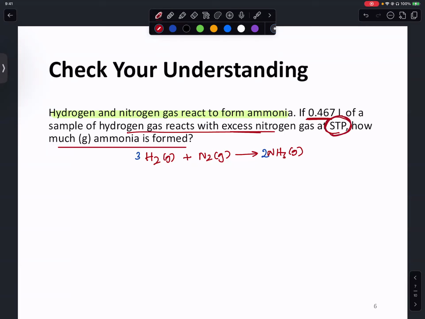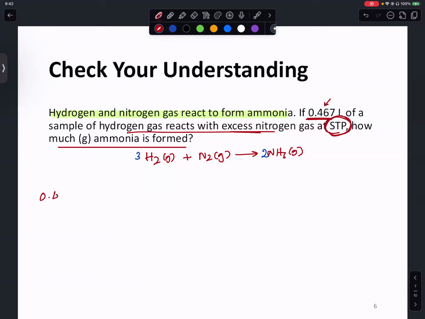So it's basically a mole-to-mole conversion using the mole-to-mole ratio in the equation, but we will use the standard temperature pressure conversion to convert from liters of hydrogen to moles of hydrogen, and then to moles of ammonia, and then to mass of ammonia. So let me show you.